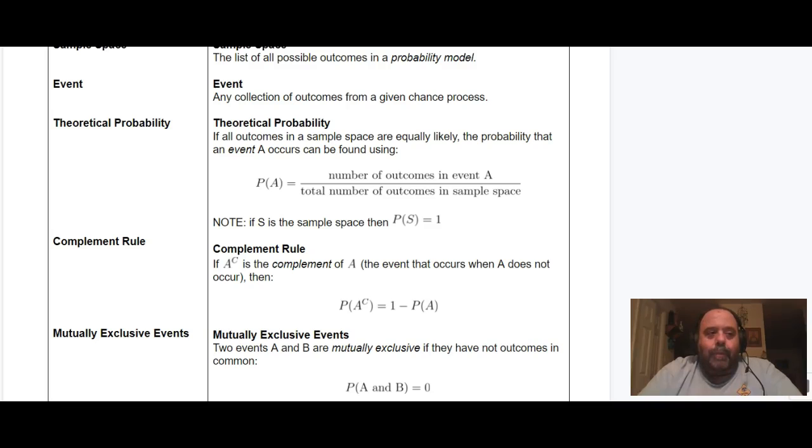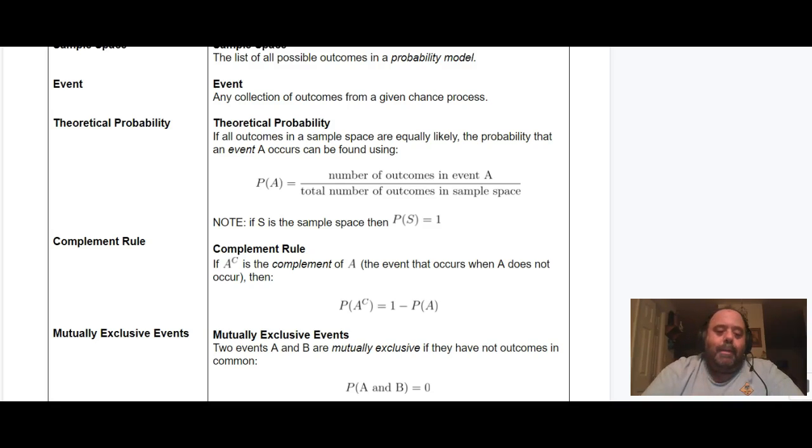You could look at it as either the event or not the event, right? So it's either A or the complement of A, which means that the probability of the complement of A should be 1, the probability of the sample space, minus the probability of A, right? Because the complement and the event should add up to 1. Cool.